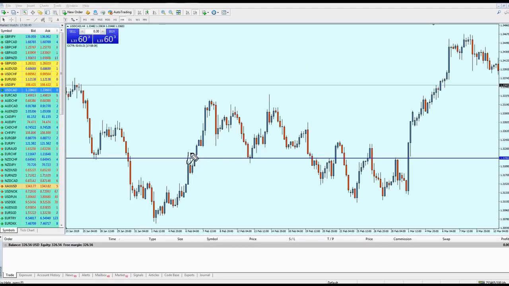So again, we had here this resistance and it has been broken out. Keep in mind that this was resistance number 1. After the breakout, as I said, the counting has been reset. There is no more support or resistance to be counted after the breakout. Now this resistance, after the bearish breakout here, we can see a bearish breakout from this resistance level.